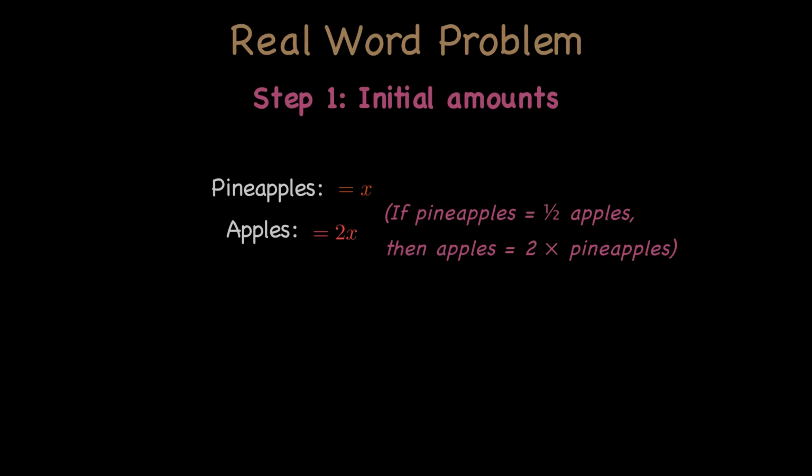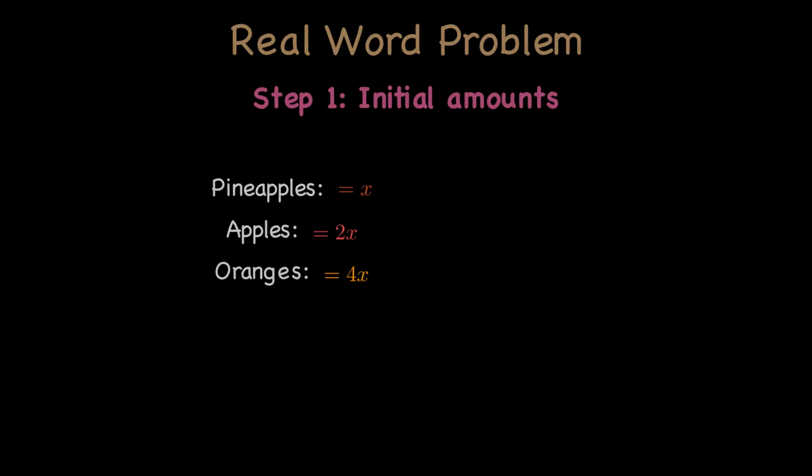Make sense? And oranges are double the apples. Apples are 2x, so oranges are 2 times 2x, which equals 4x. Great, we have the initial amounts. Pineapples, x. Apples, 2x. Oranges, 4x.